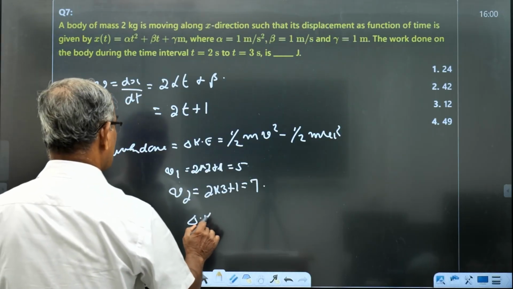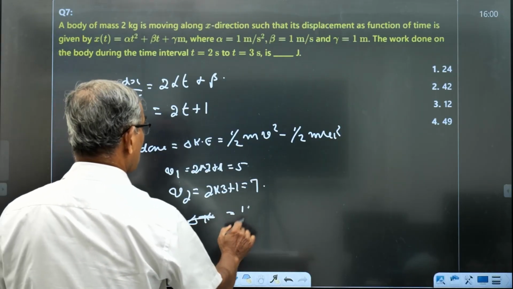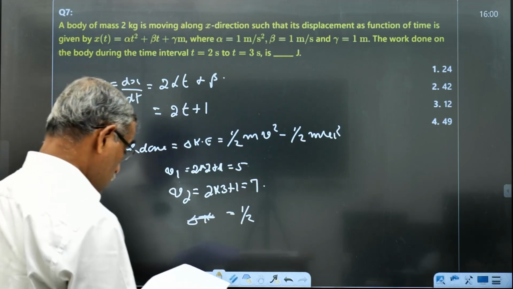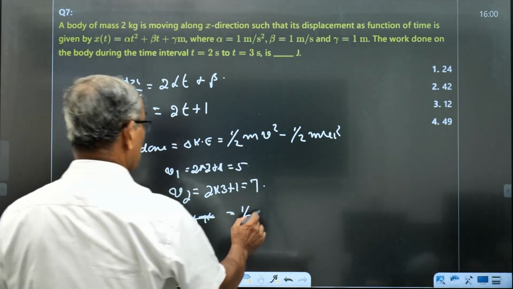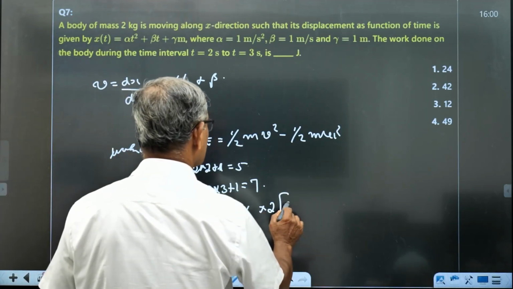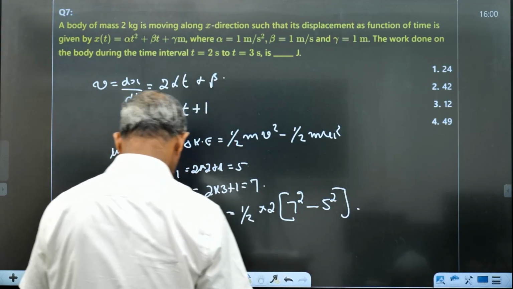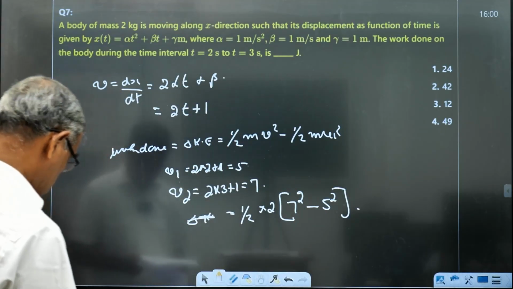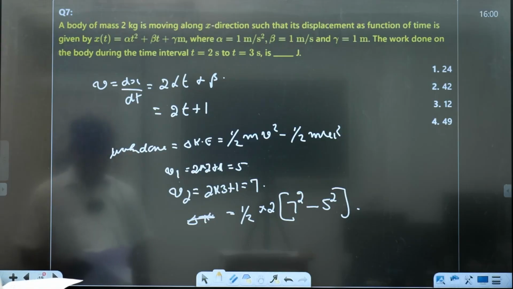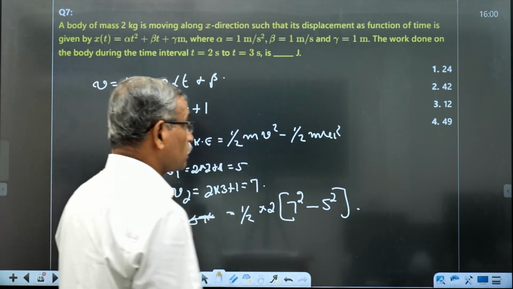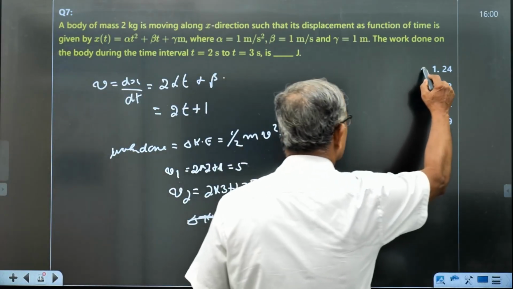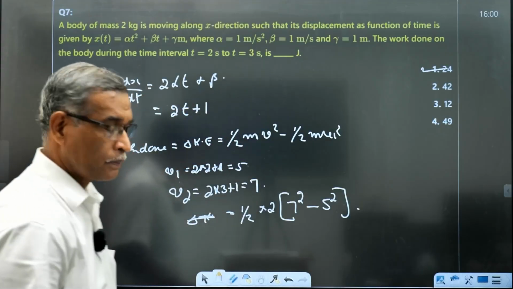Therefore, work done is given by half into the mass of the body, which is 2 kg, into 7 squared minus 5 squared. The value on calculation is found to be 24. So the answer is 1.